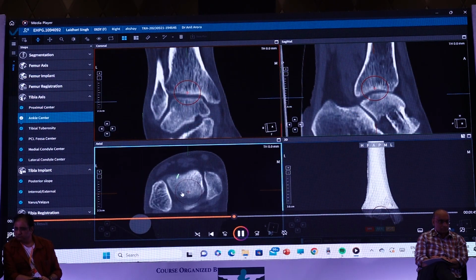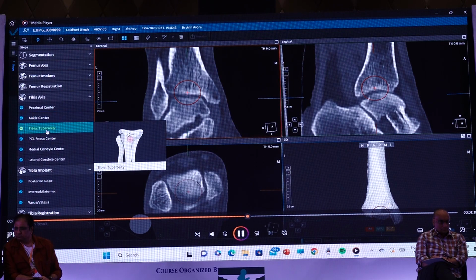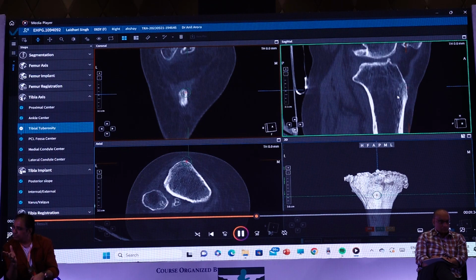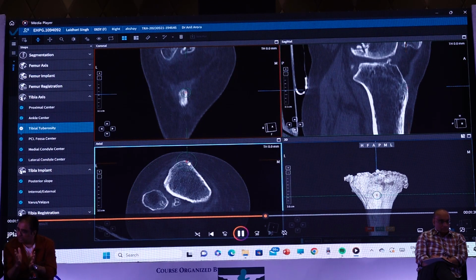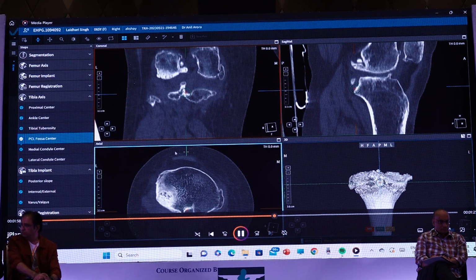Center of ankle, center of talus we took. These are various points you have to pick up after you do segmentation of your CT image. This is preoperative planning.